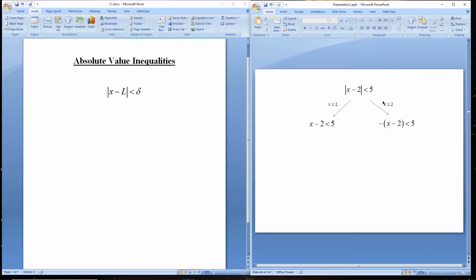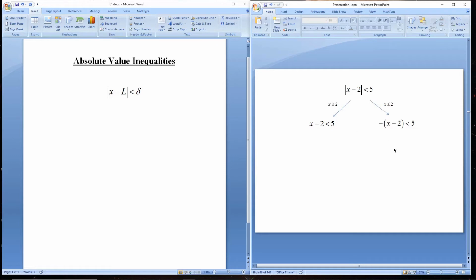So if we know x is less than 2, then we can write the absolute value sign as simply a minus then, and we can get rid of the absolute value. Because we know x minus 2 is going to be a negative number, so if we simply multiply by a minus sign, that forces it positive, which is what the absolute value sign does.